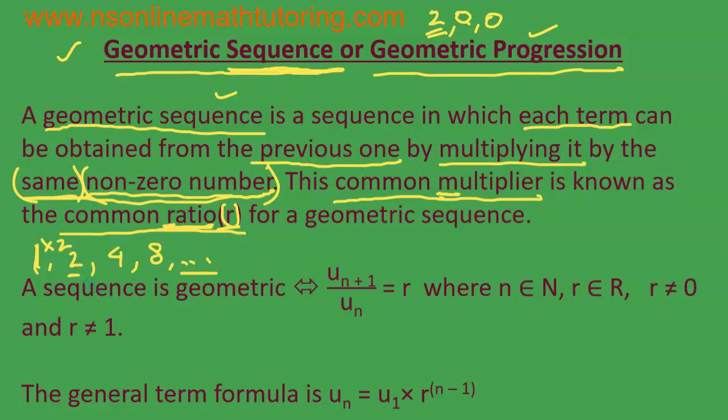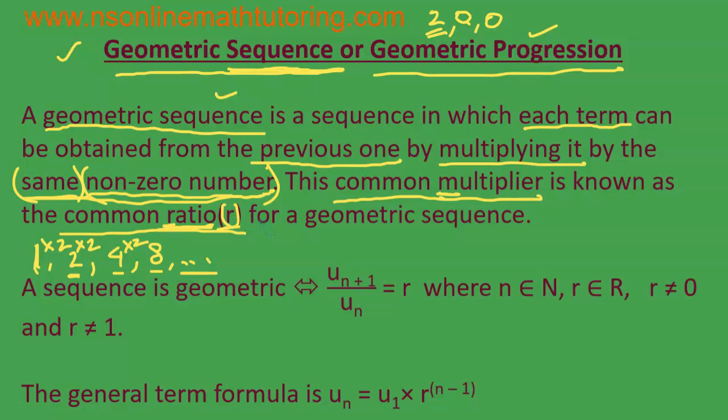And if I multiply this second term 2 of the sequence by another 2, I get the third term of the sequence, that is 4. 4 times 2 is 8. So it is a geometric sequence or a geometric progression. 1, 2, 4, 8, these are the first 4 terms of a geometric sequence or a geometric progression.